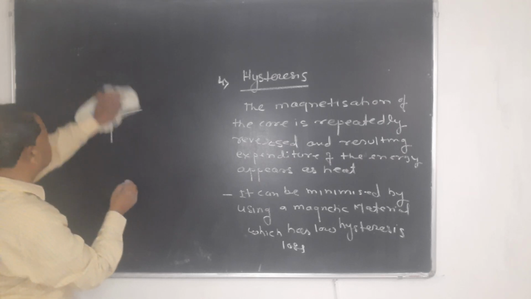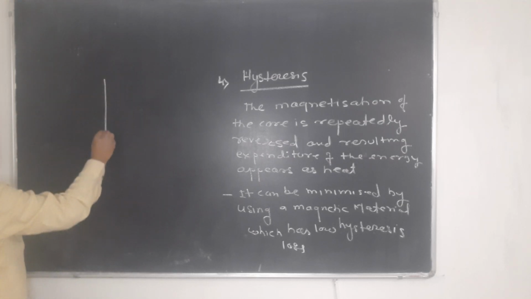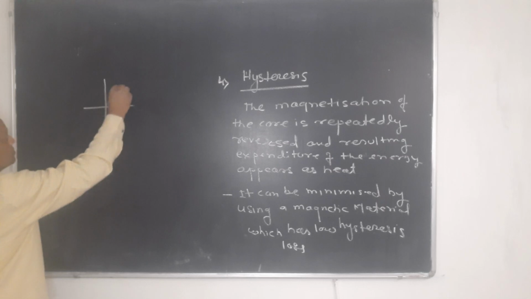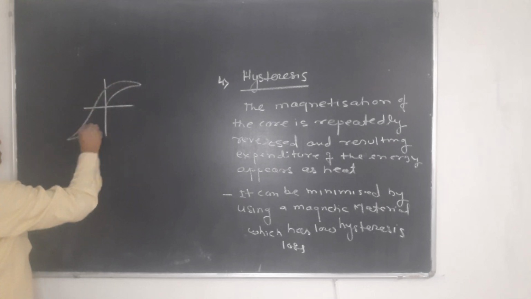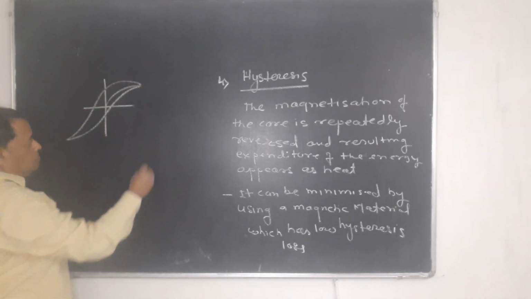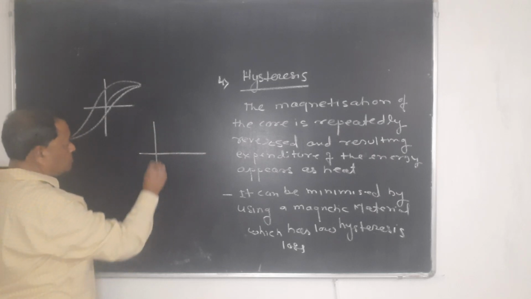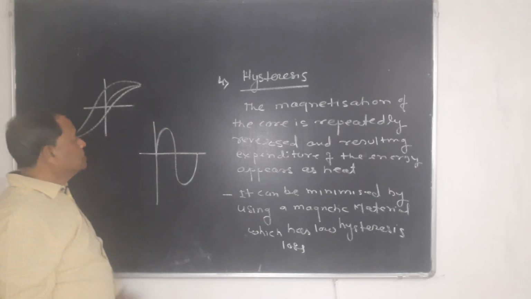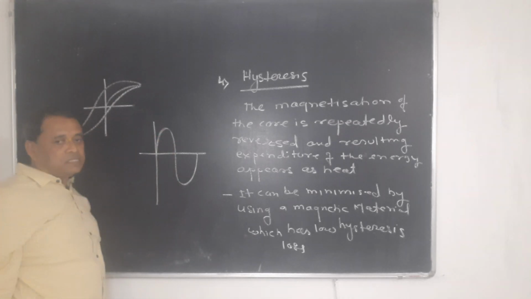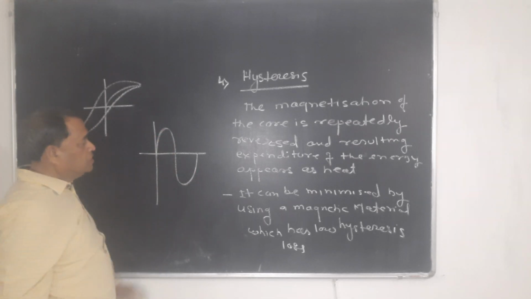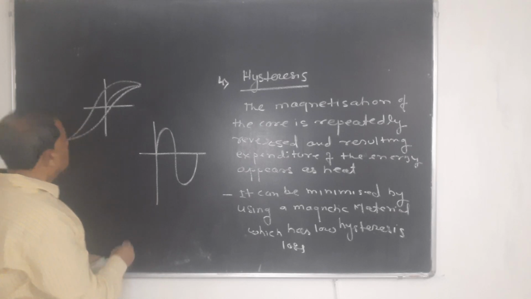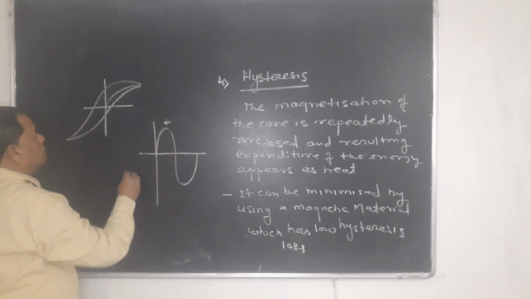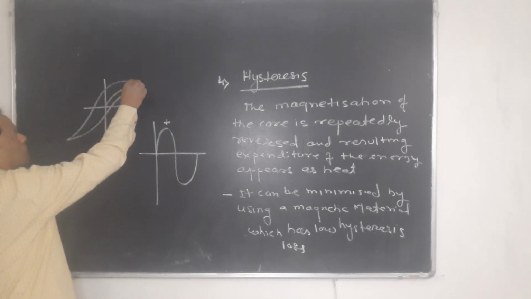This is the hysteresis curve. Due to this alternating current, an alternating magnetic field is produced here, and in the first cycle this curve is like this one.